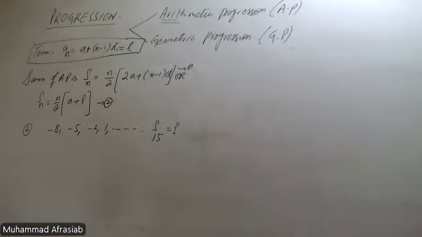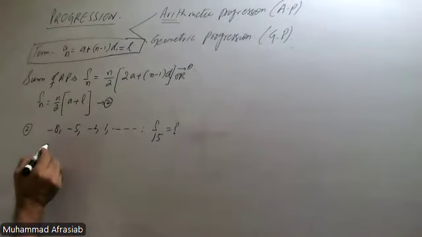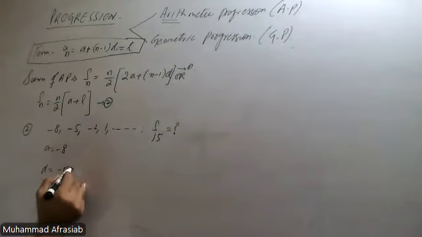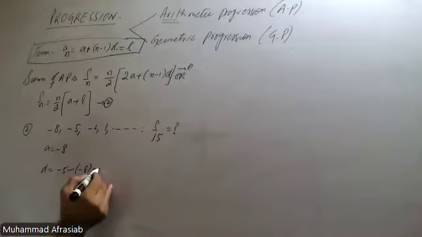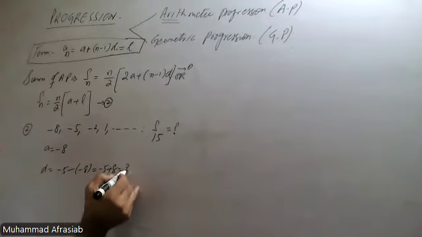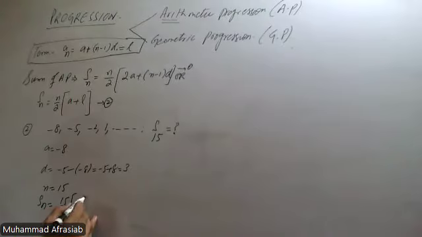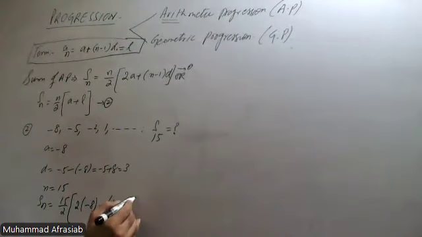Now find the sum of -8, -5, -2, 1, and so on, for the first 15 terms. Here a is equal to -8. The difference d is -5 minus (-8), that is -5 plus 8, which is 3. And the number of terms is 15. So the formula is Sn equal to 15 over 2 into (2 into -8 plus (15 minus 1) into 3).